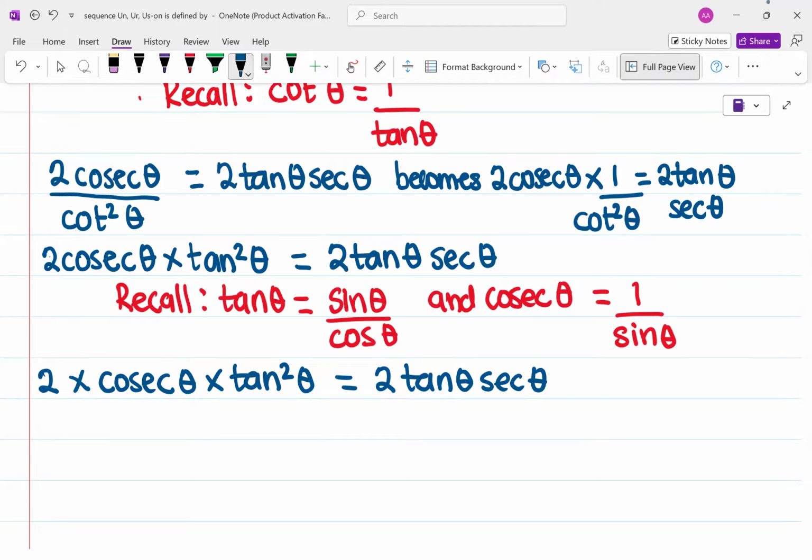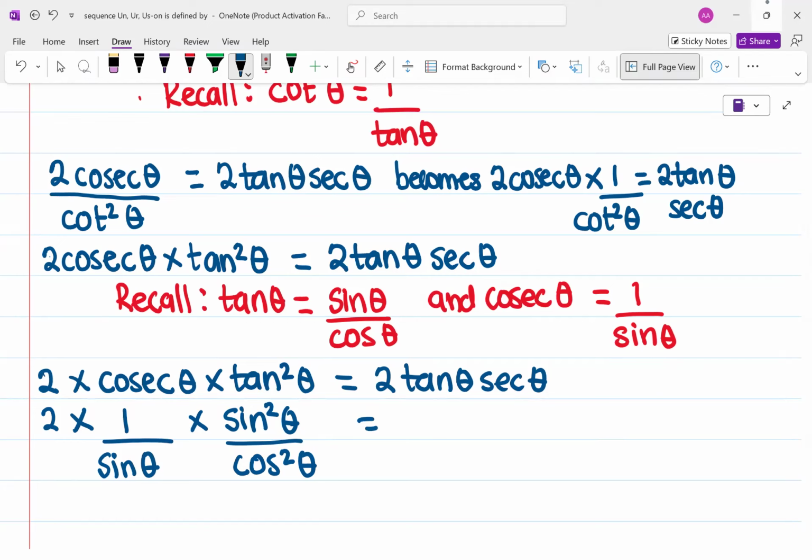That becomes 2 times 1 over sin theta times sin square theta over cos square theta equals 2 tan theta sec theta.